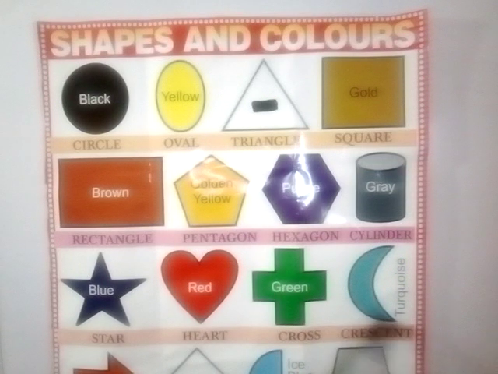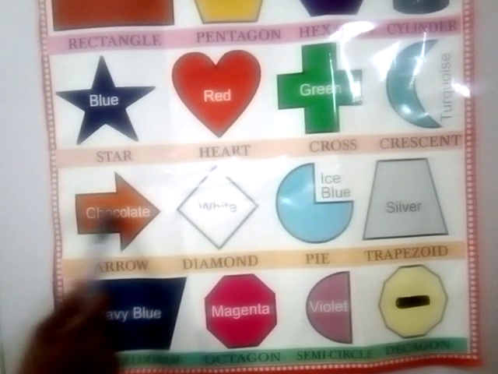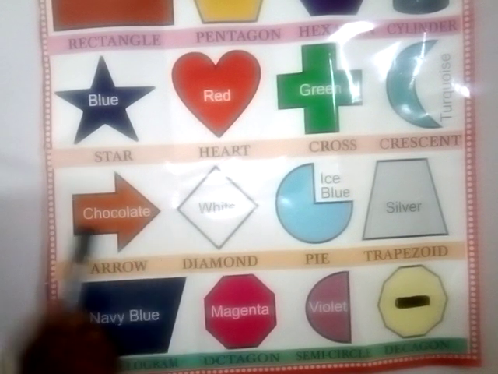And then you have this interesting one called crescent. Crescent is like the shape of a moon that is just trying to come out, okay? It's not full and it's not even half moon. So it's called crescent. All right, so next one here is an arrow. An arrow pointing in a certain direction.